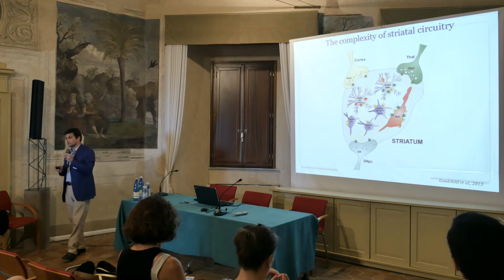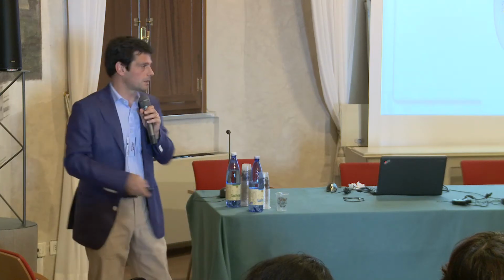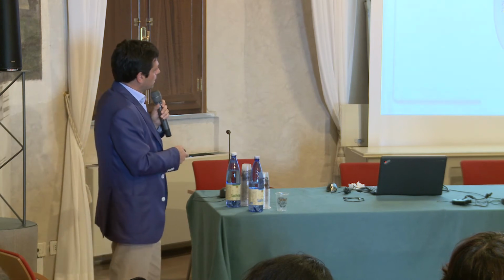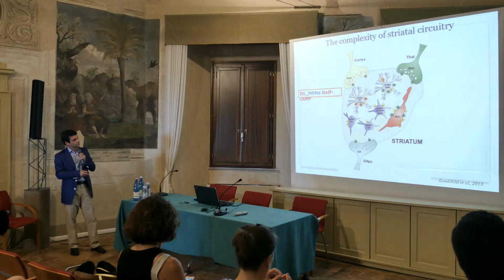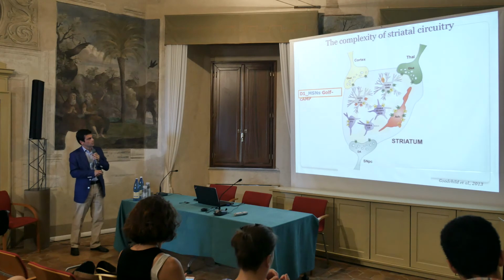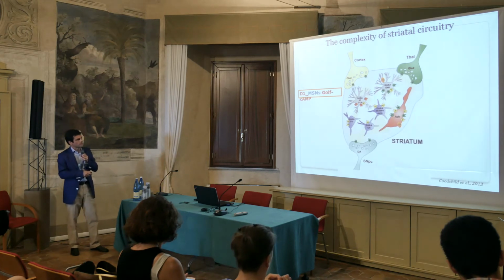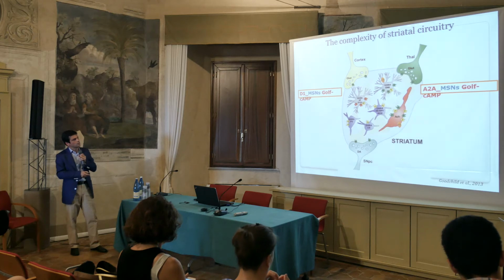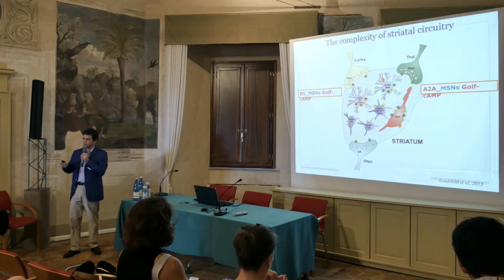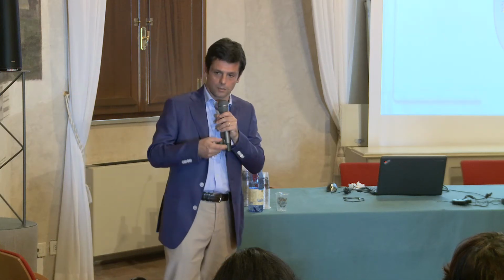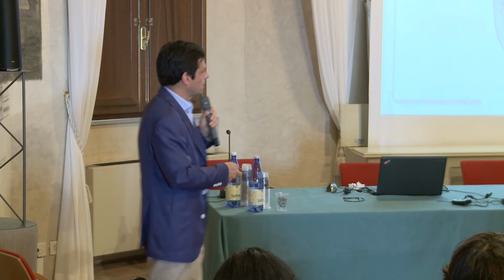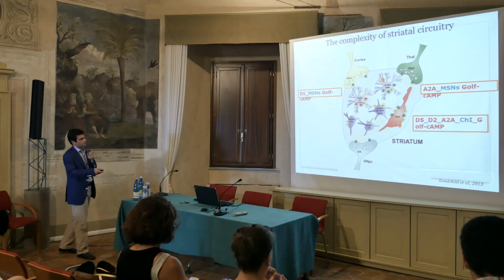So we also have to take into consideration the receptor distribution. The D1 GABAergic spiny neurons express D1, which is connected to G-olf and cyclic AMP. However, the D2 receptor expressing spiny neurons, the so-called indirect neurons, the neurons that generate the indirect pathway, express A2A.